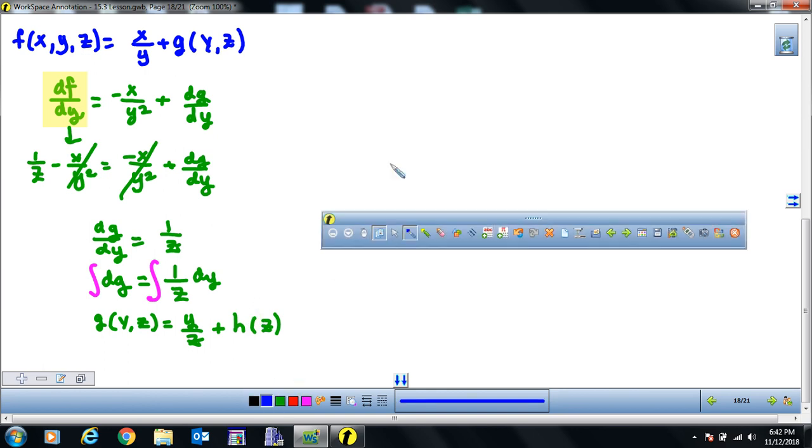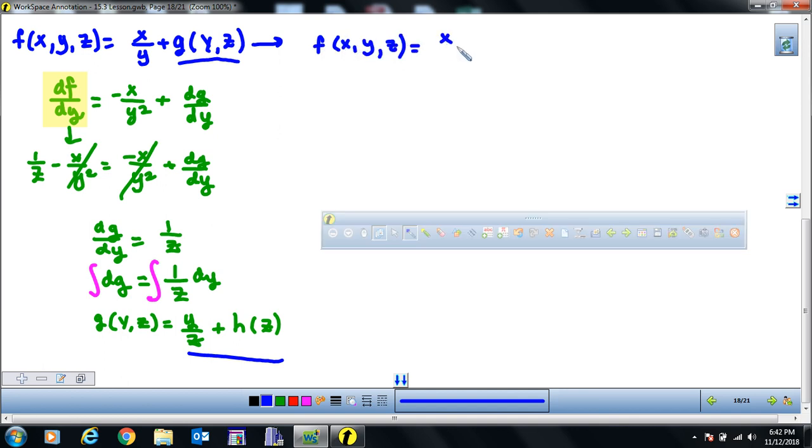To continue, we're going to replace the value of g of y, z with this. So the potential function f of x, y, z equals x over y plus y over z plus some function in terms of z or some constant. We don't know yet. Okay?